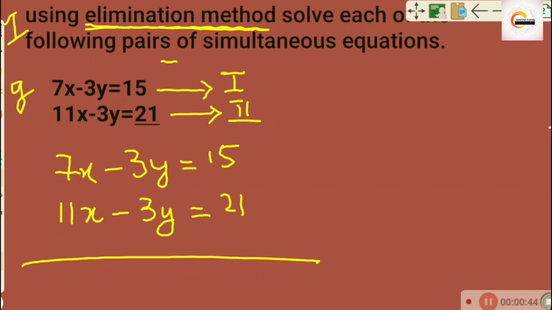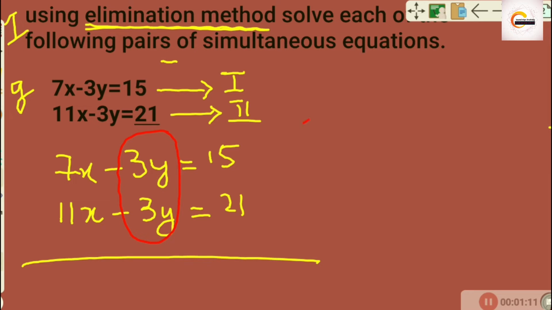That is the y variable. We don't have to do further working, so we can eliminate y. But the sign with the y variable is minus and minus, so we cannot add these two equations.